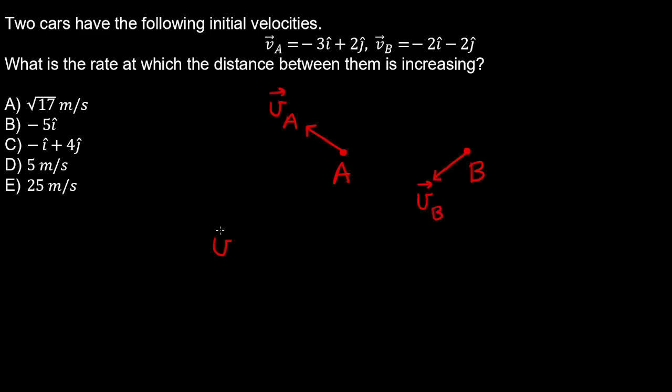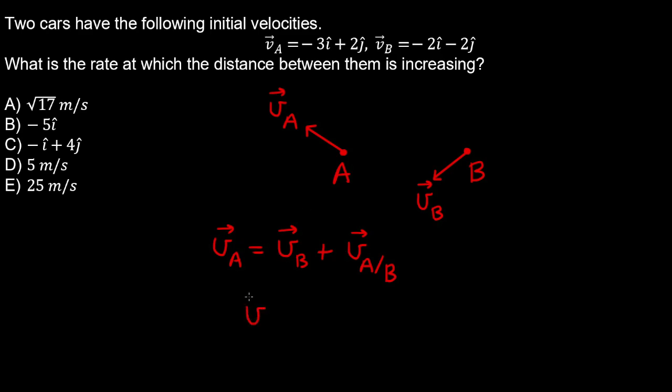So the velocity of car A is equal to the velocity of car B plus the velocity of car A observed by a passenger sitting in car B, using our relative velocity equation.